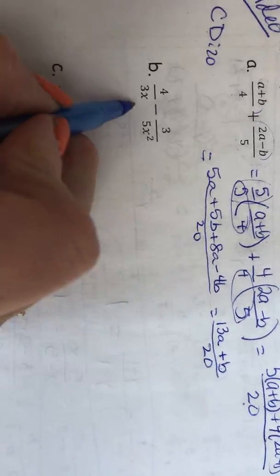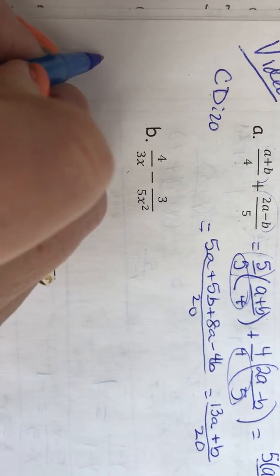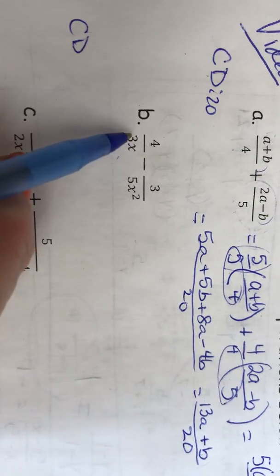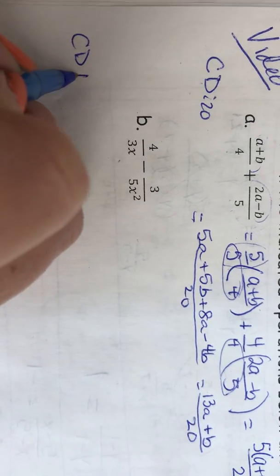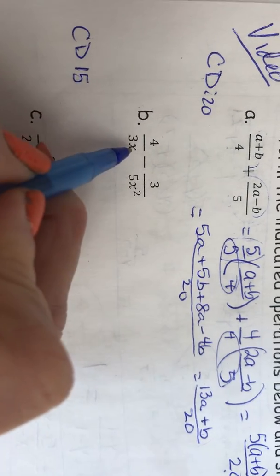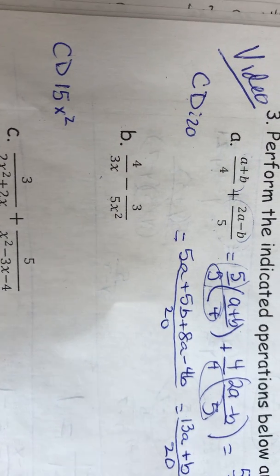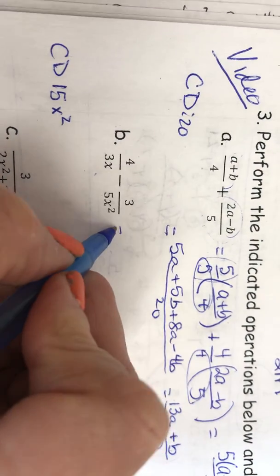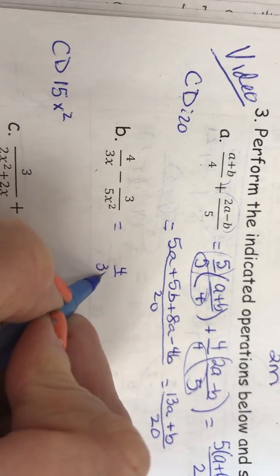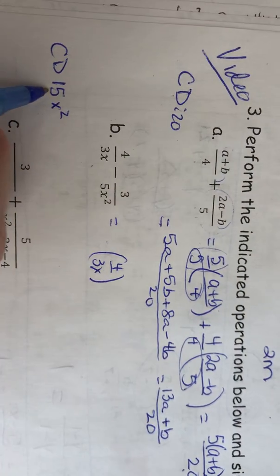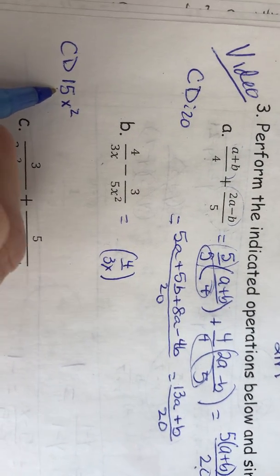Okay, so now this next one. What's going to be my common denominator? Well, 3 and 5 can both go into 15, and x can go into x squared, so we can keep it x squared. So the 4 over 3x will need what's missing.